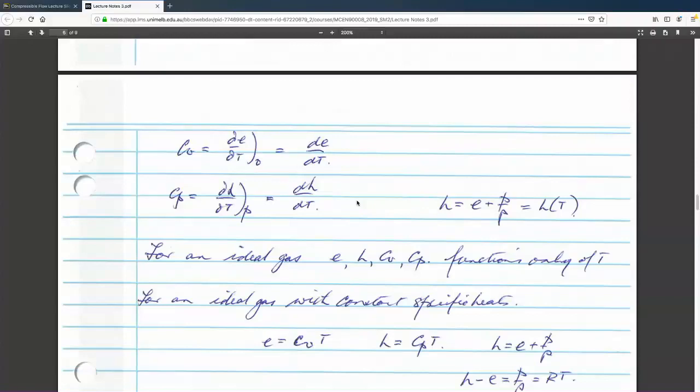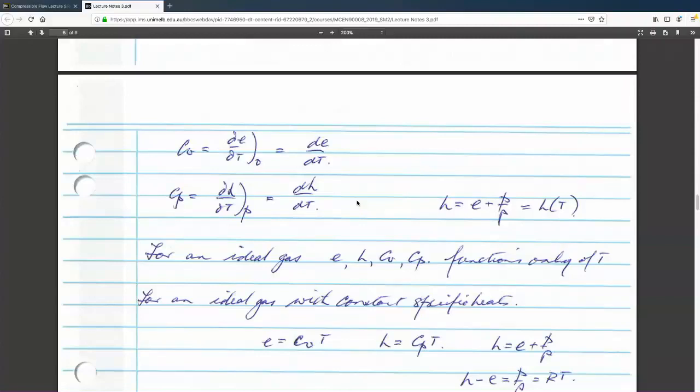They don't have constant specific heats, but supposing they did. So in this case, E would be CVT, especially if I integrate from absolute zero, so there's no T naught. And H would be CPT.